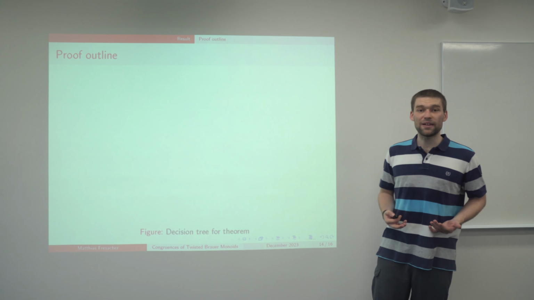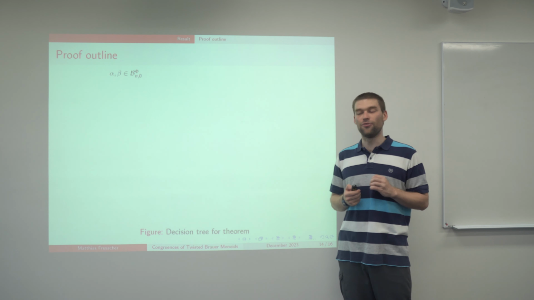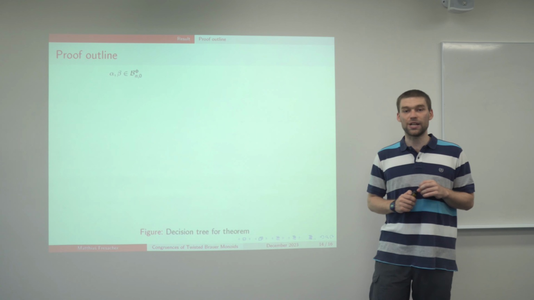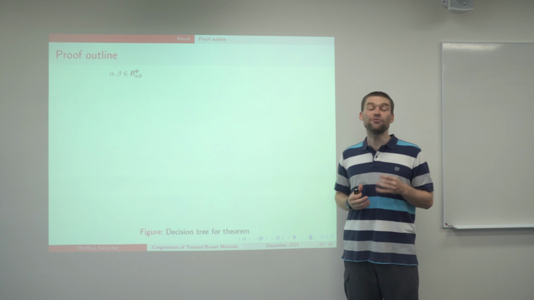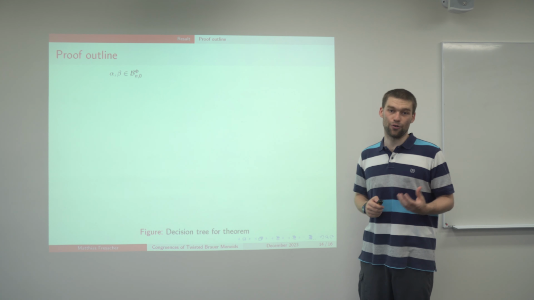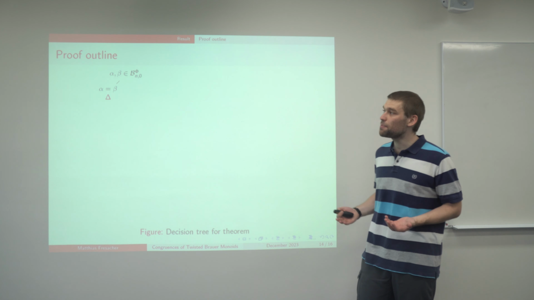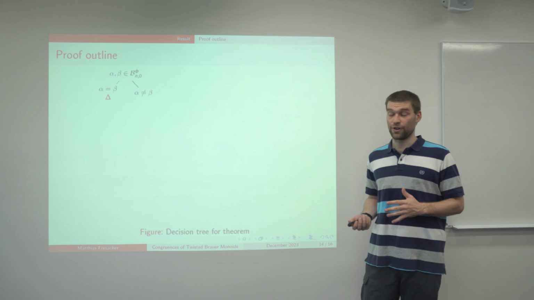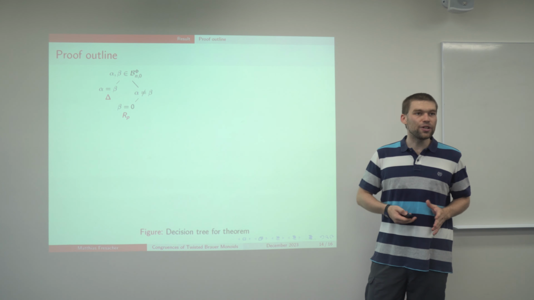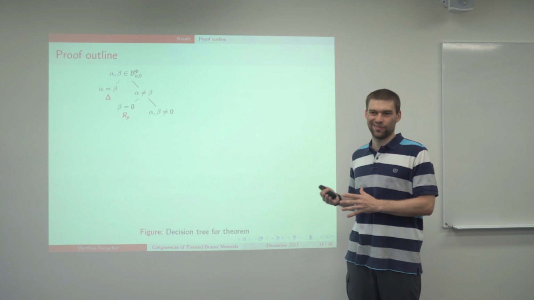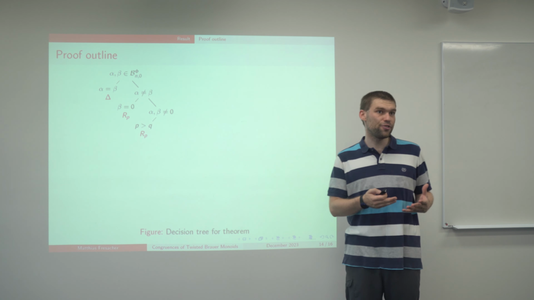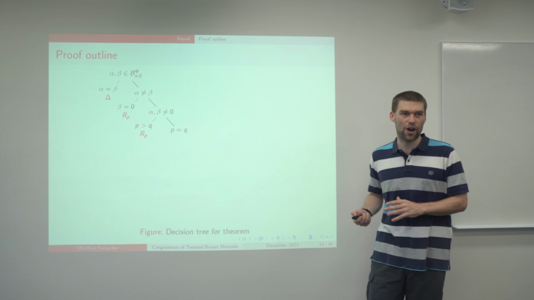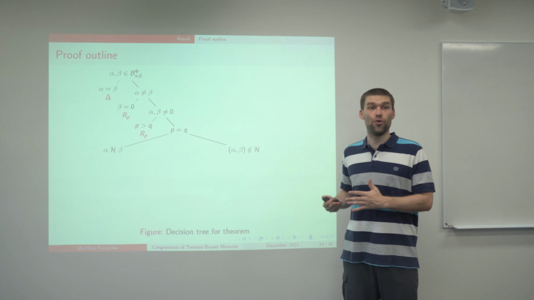To give you a bit of a better sense of checking all of the different alphas and betas, this is the decision tree I used, and for each leaf in red is the corresponding congruence. So first up, I check, are the two diagrams the same or are they different? Is one the 0 diagram or are both non-zero? Do they have different ranks or do they have the same rank? Are they H-related or not?